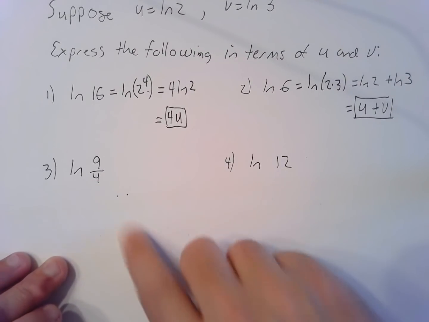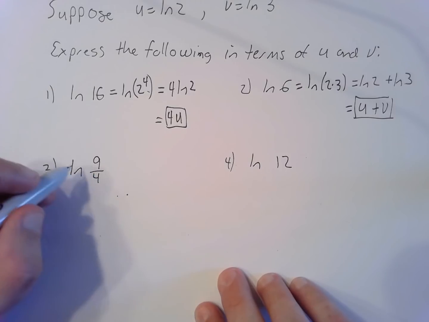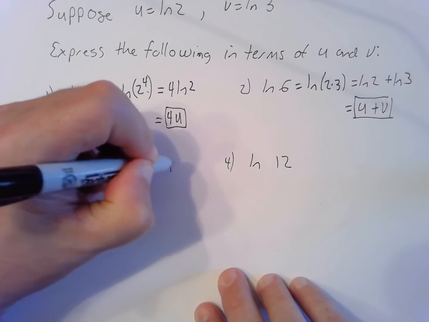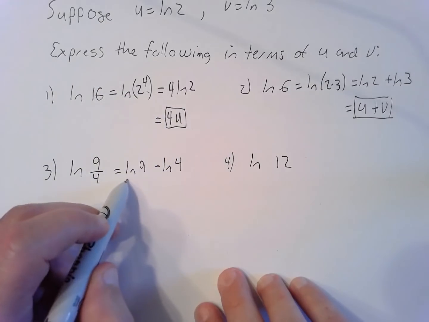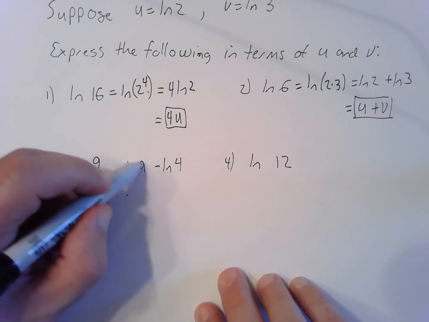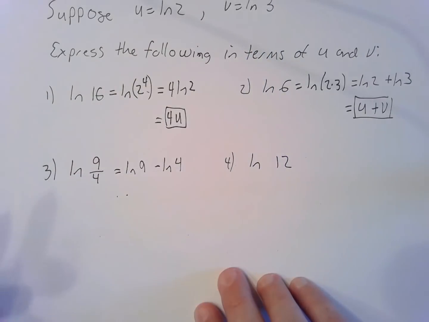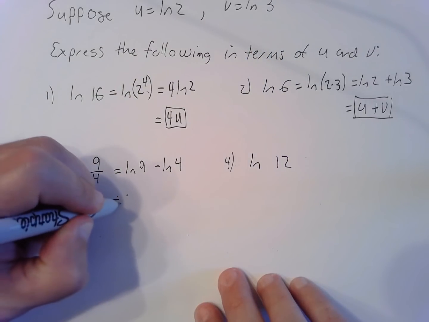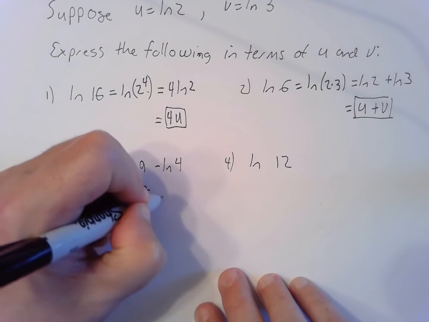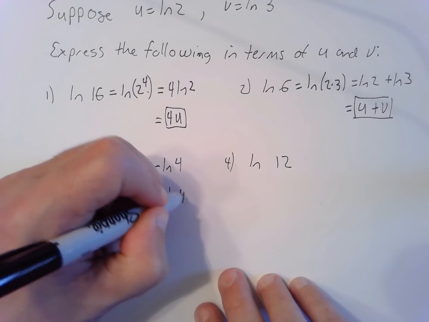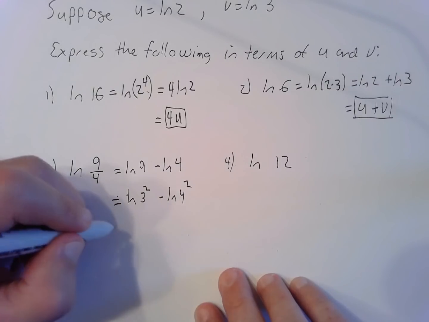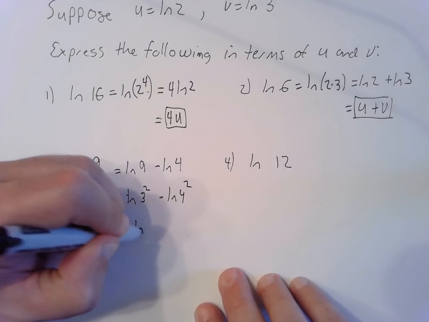Natural log of 9/4. First off, divided inside is subtracted outside. ln of 9/4 is ln of 9 minus ln of 4. Now I have to think, how can I get a 9 using powers of 2's or powers of 3's? Well, 9 is just 3 squared. Same with 4. 4 happens to be 2 squared. Nothing special that they're both squared. It's just a coincidence. I can bring both of those exponents down.